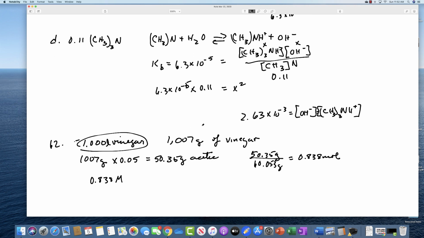Now from the back of the book, the Ka for acetic acid is 1.8 times 10 to the minus 5. And that is going to equal the acetate ion times the hydrogen ion divided by the undissolved acetic acid.